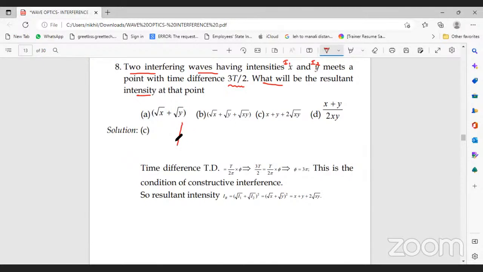Now let me take one wave. This time is called one wave, half of that is T by 2. To get 3T by 2, it is 1.5 waves.